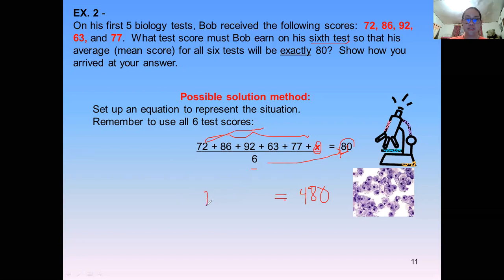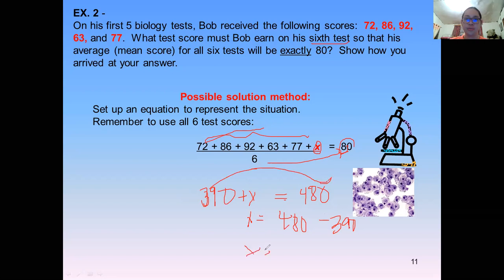That gives you 390 plus x. Okay, then after that, you can just have 480 minus 390. Transpose it to the other side.